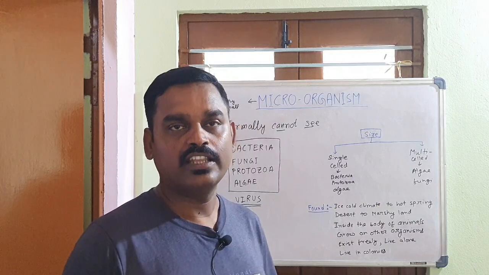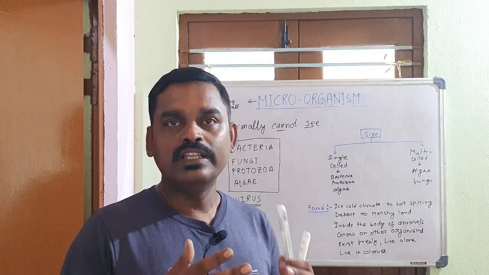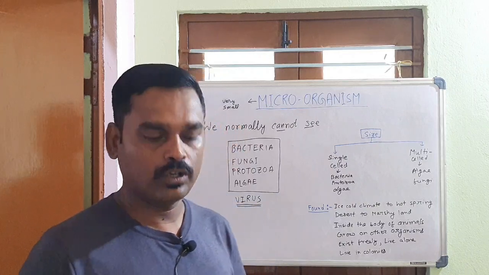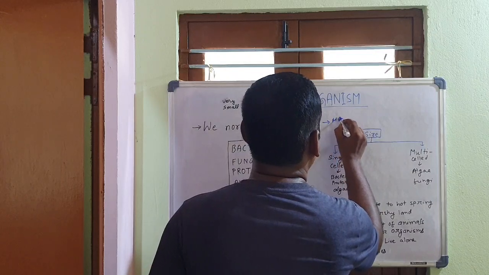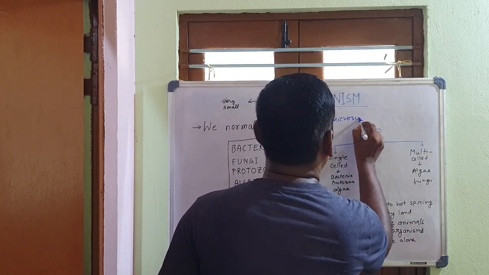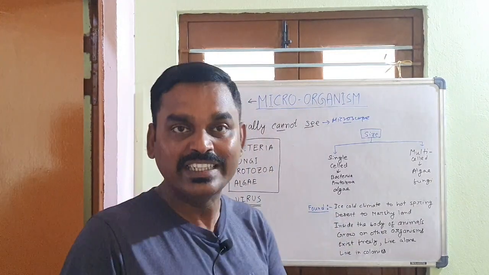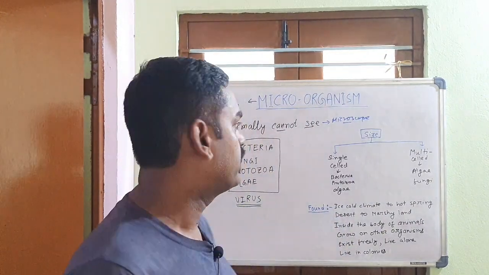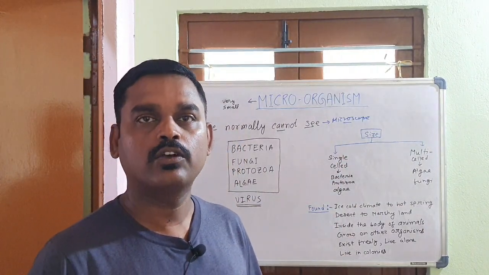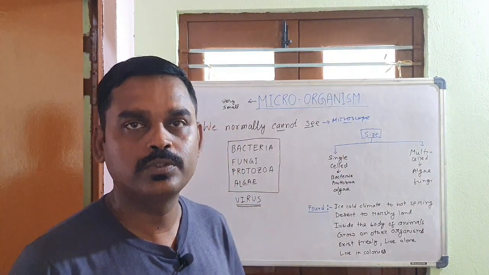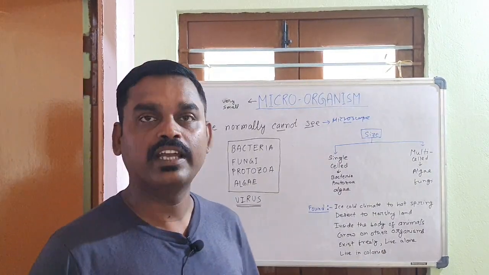So if we cannot see the microorganism with our naked eyes, then we need an instrument to see the microorganism. The instrument is called microscope. Now if we classify all the microorganisms into different groups, then we can get four major classes of microorganism.